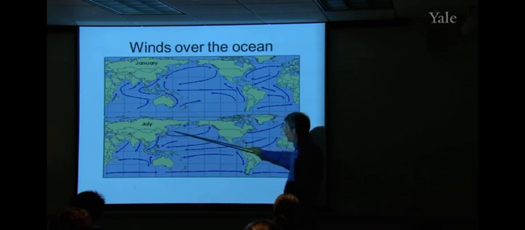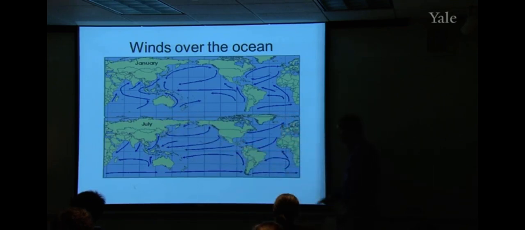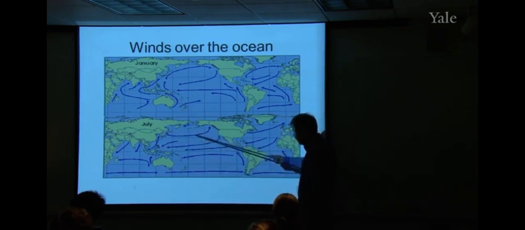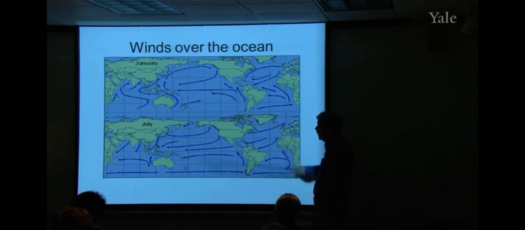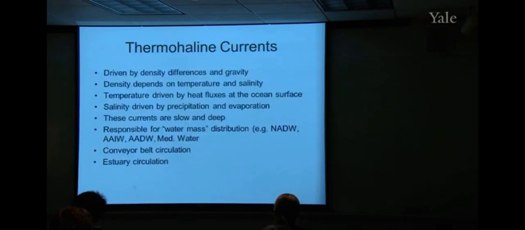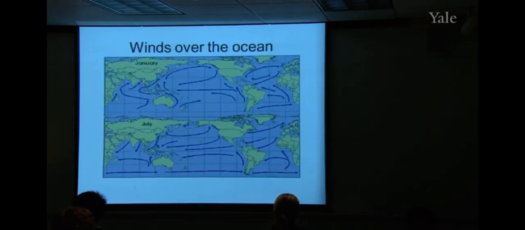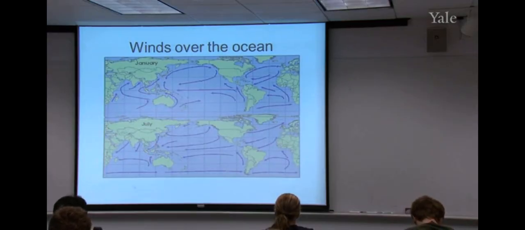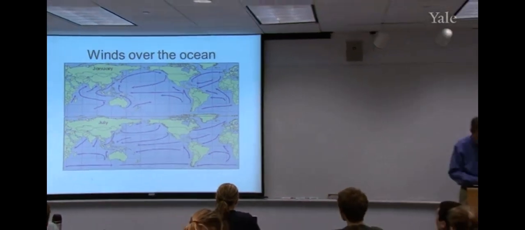There's January, there's July. But generally, you've got westerlies in the mid-latitudes and easterlies in the low latitudes in both seasons, and that is generating motions in the ocean itself. So that is where we'll end the pictures today, and I want to get into quantifying these things.